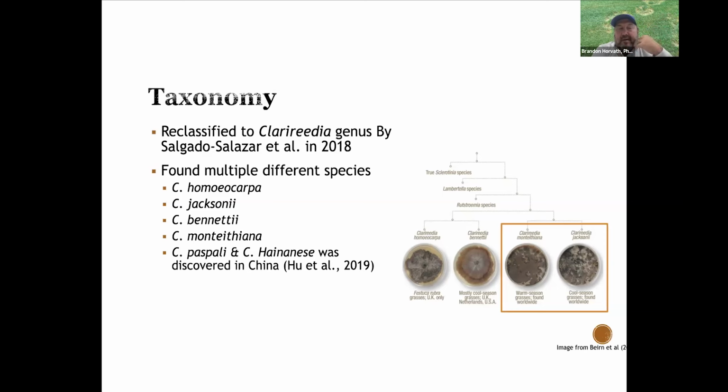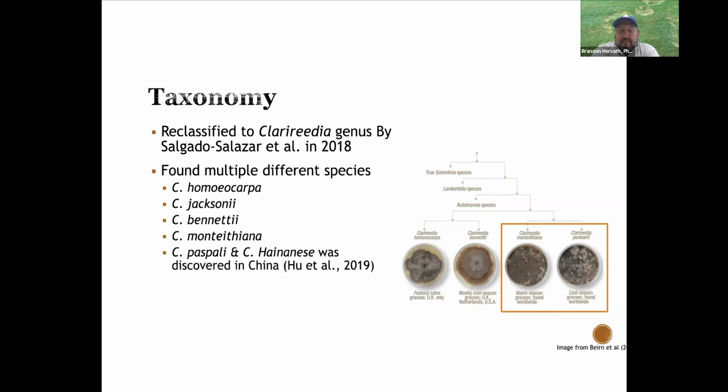And so they named the genus Clariredia. And the only fungi that are in Clariredia at present are dollar spot fungi. They found multiple species of Clariredia.